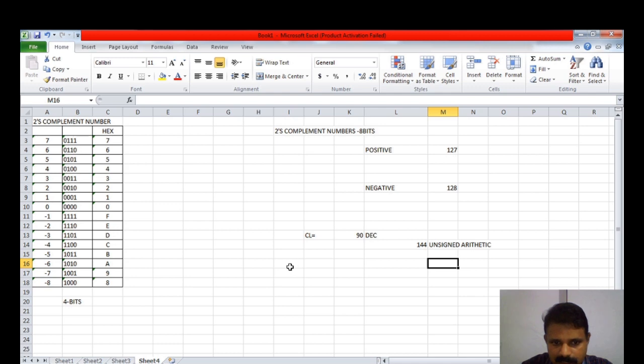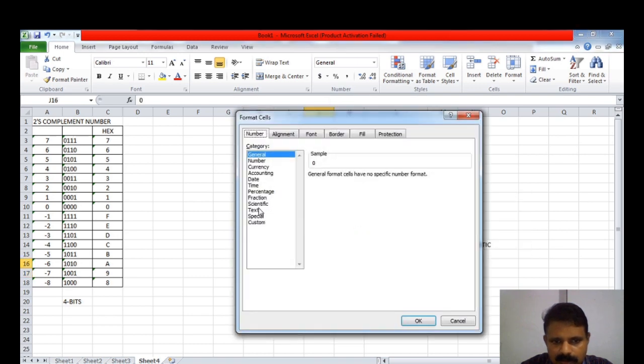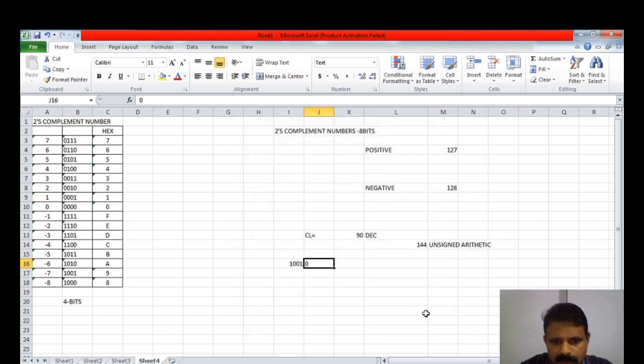Okay, let us check. 90 is nothing but the binary pattern 1001 0000. See the MSB, it is 1.